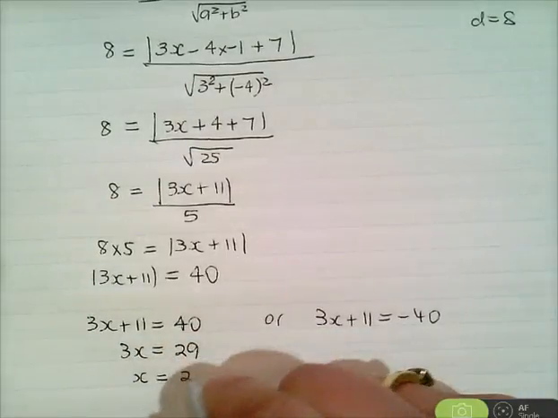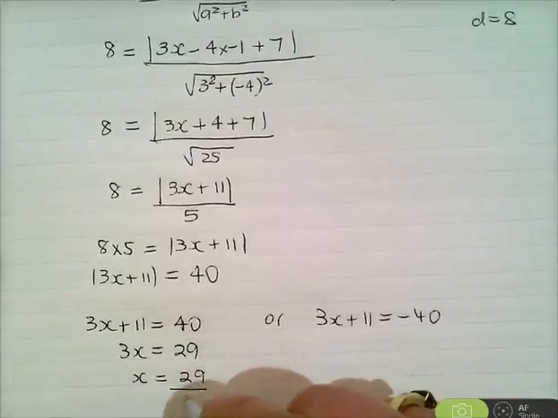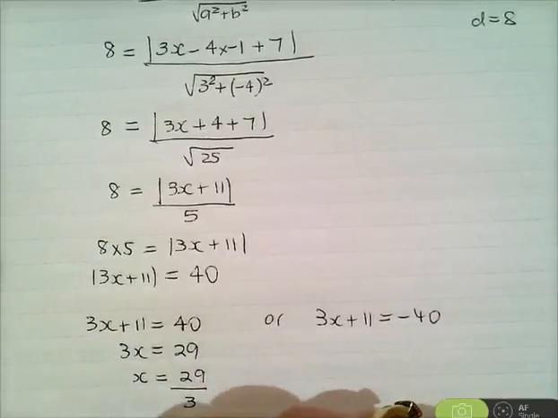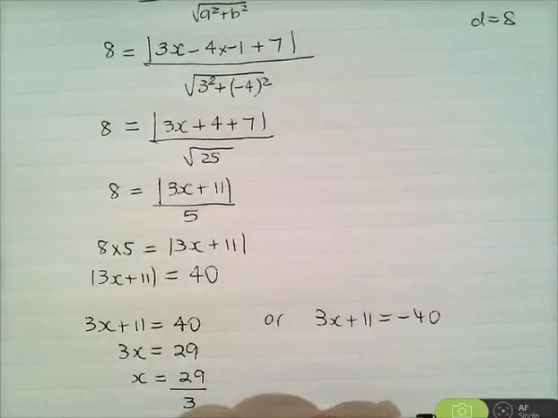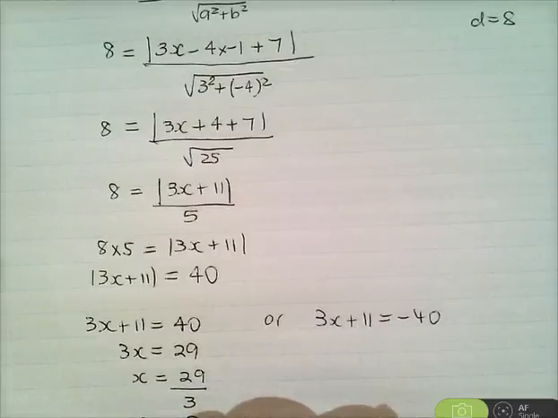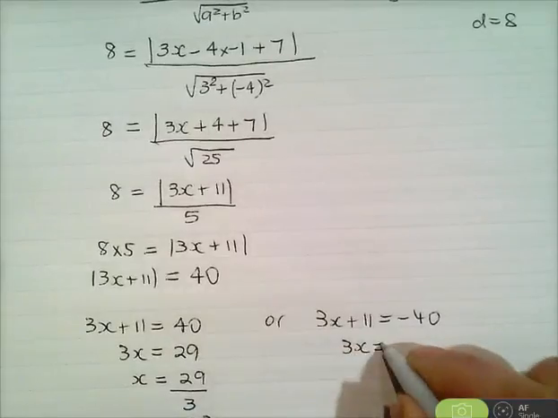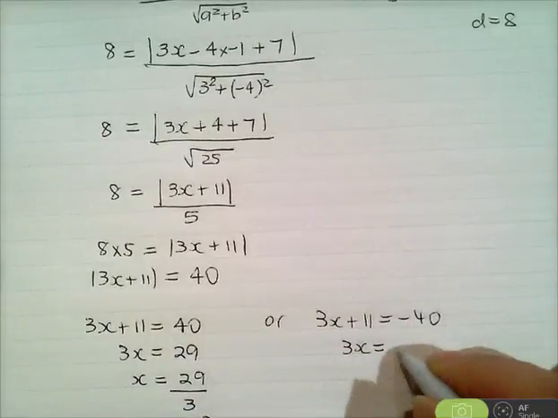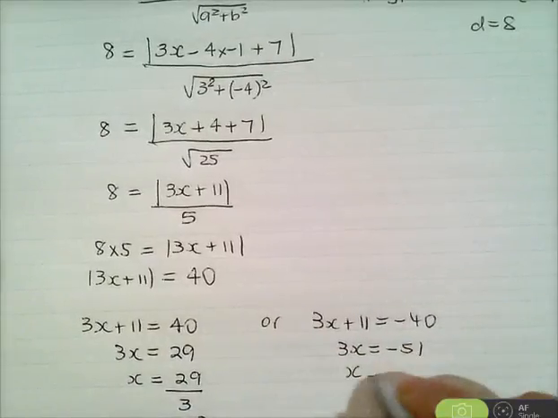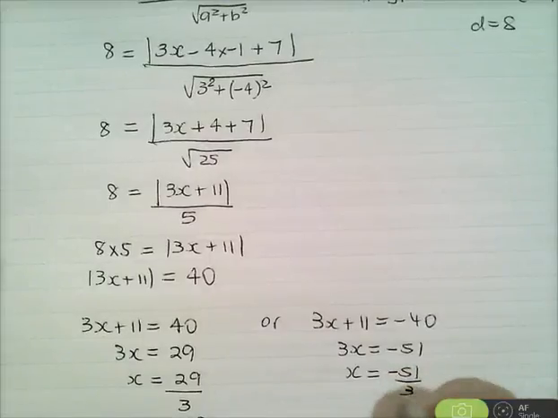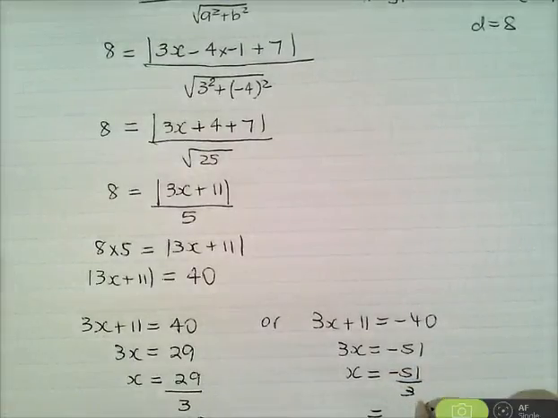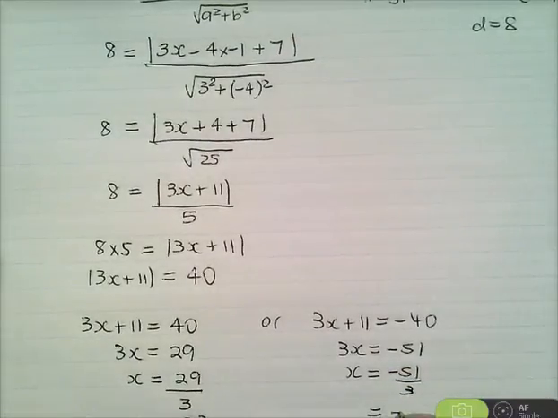Therefore, x is 29 over 3, which means that x is 9 and 2/3. Or we've got that 3x equals negative 40 minus 11, which is negative 51, or that x is negative 51 over 3, which happens to be negative 17, I think.